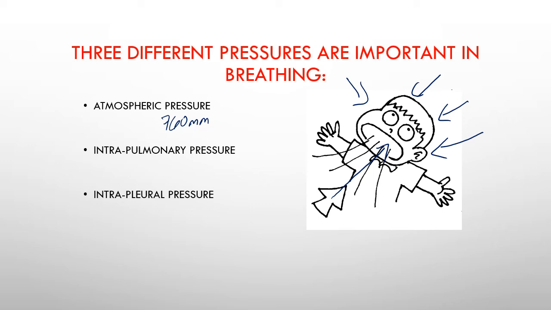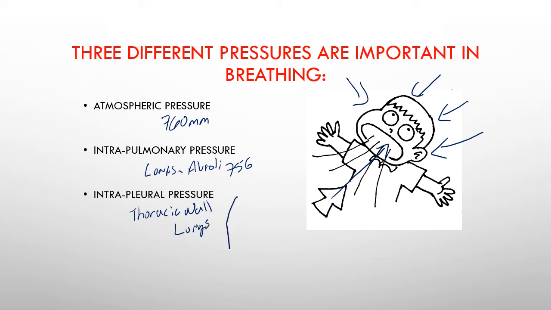The intrapulmonary pressure is the pressure essentially inside the lungs, or more specifically inside the alveoli. And so this is the pressure that we have inside there. And in order for air to come in there, we're going to have to start to lower that pressure down. So 756, say. The intrapleural pressure is the pressure in between the thoracic wall and the lungs.